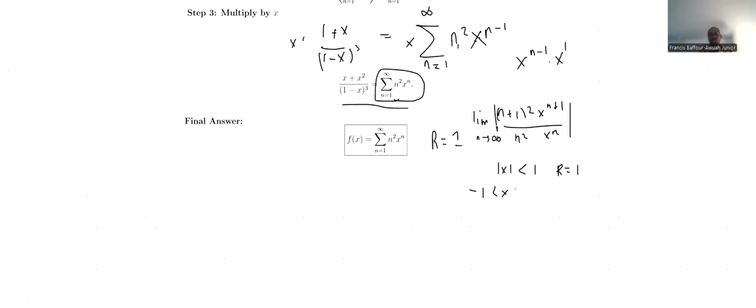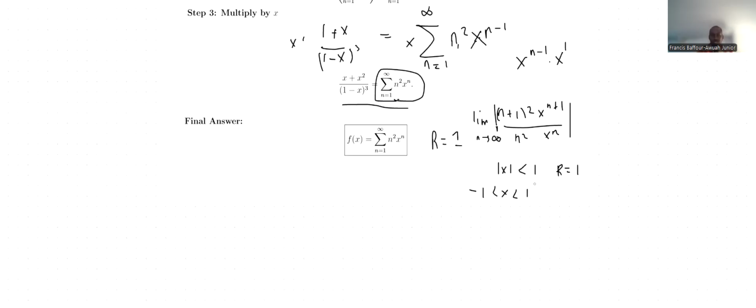But once we differentiate, there is a potential for the endpoints to have different convergence. Even though your radius of convergence stays the same, your interval of convergence could be different at the endpoints, and so you want to test those.